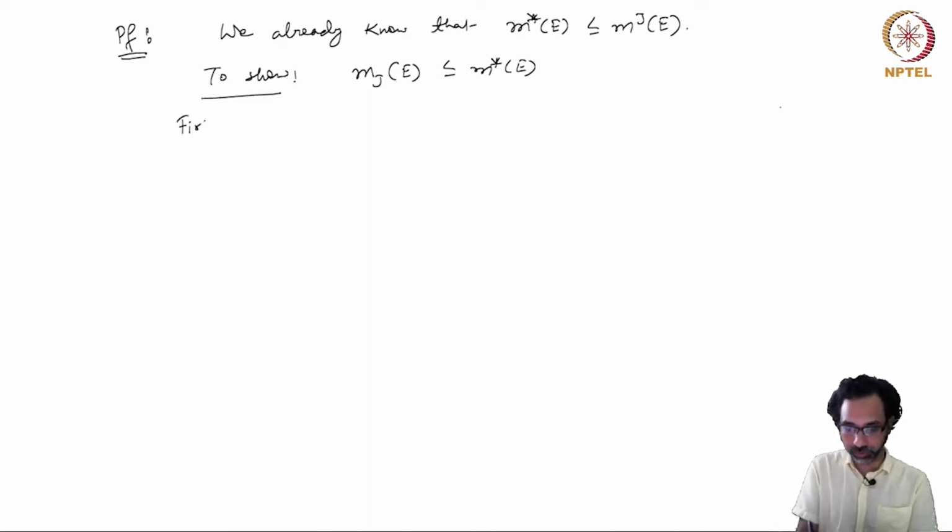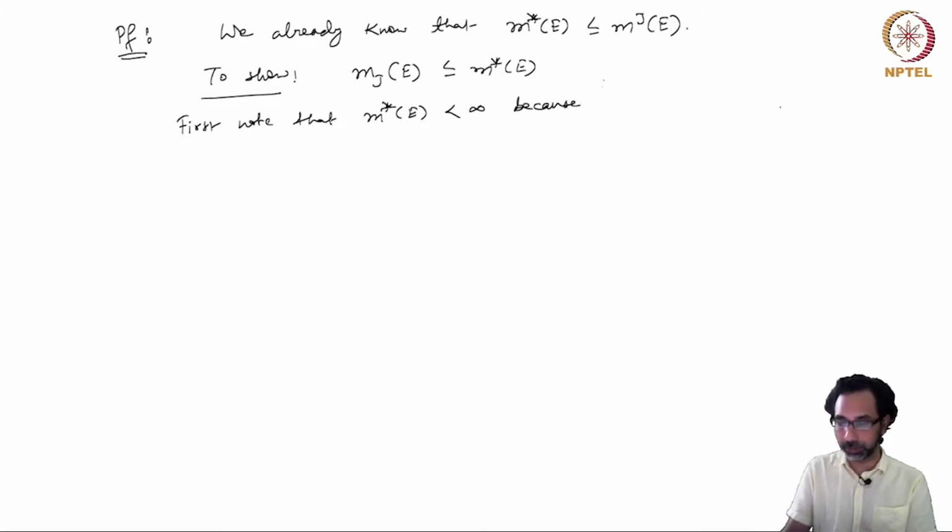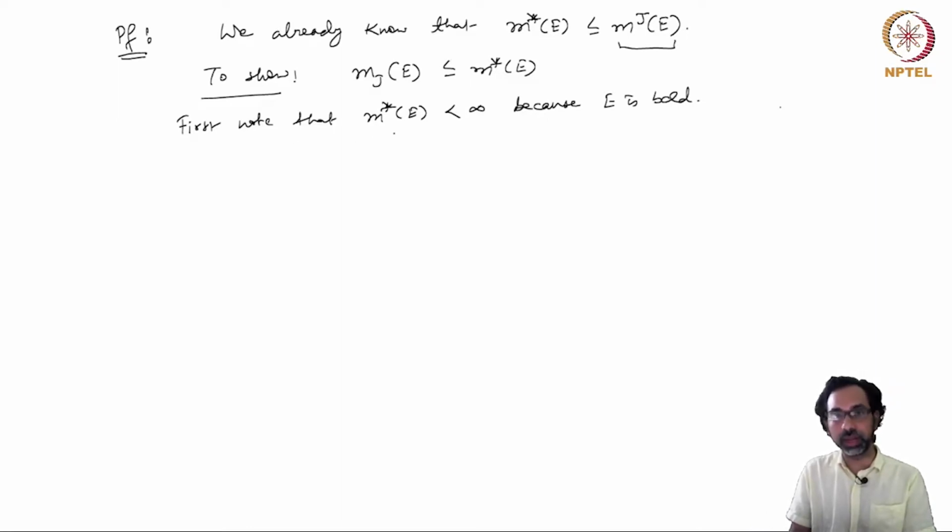First note that m*(E) is finite because E is bounded. So if E is bounded, then the Jordan outer measure is finite. We have already seen this. So in particular, the Lebesgue outer measure is also finite.